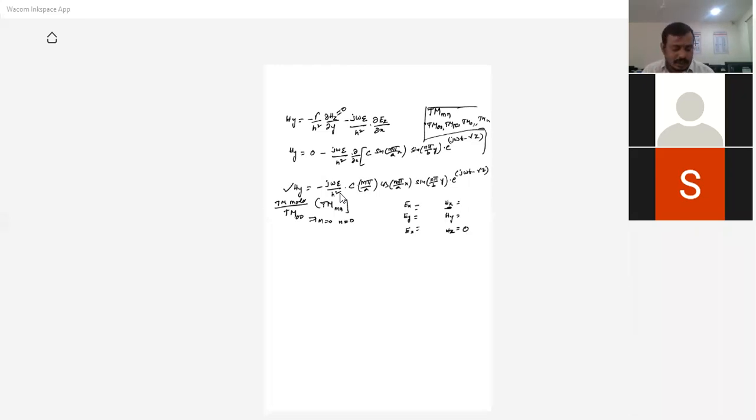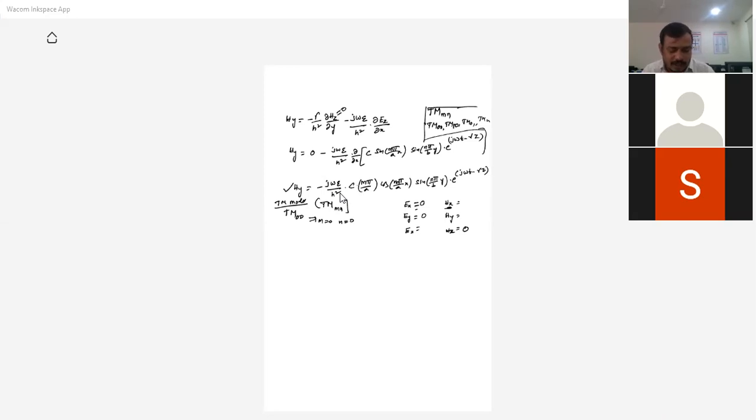So Ex you can see, Ex is multiplied with m pi by a. So where m is equal to 0, the total component is 0. Ey is multiplied with n, so this Ey also is 0. And what about Ez? Ez is also 0.